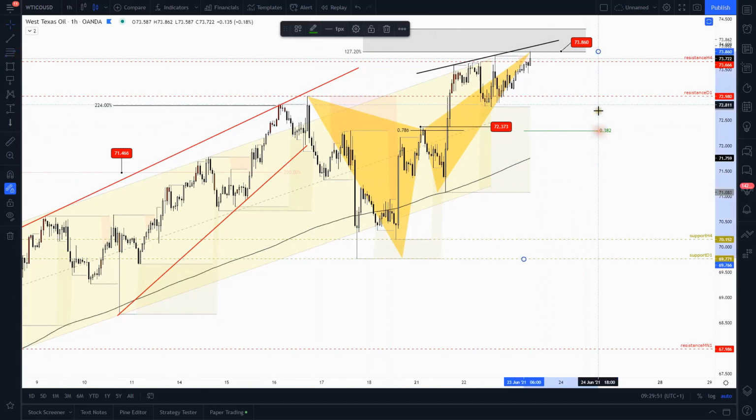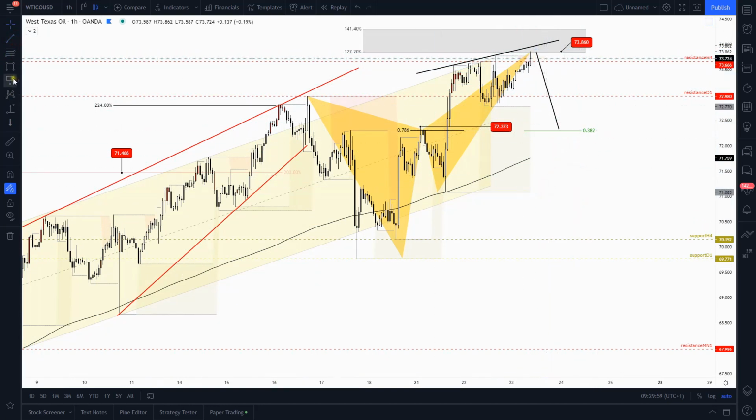Of course, we don't know the outcome, as I always say, but I do expect the pullback for the crude oil. This is WTI, West Texas Oil, and this may change from broker to broker.